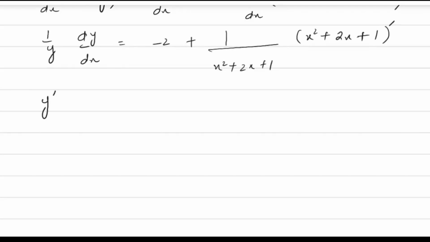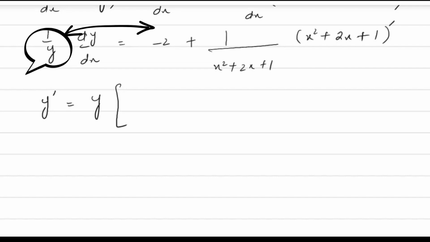So y dash is equal to y into this; it is divided, and when it goes to the other side of the equation it will be multiplied.